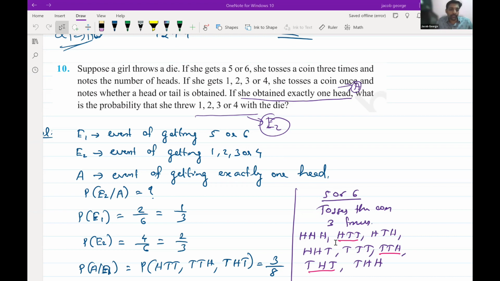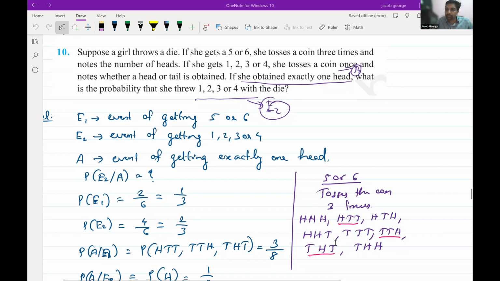So, please take the meaning of A given E1. A means getting exactly one head, given that she threw 5 or 6. With 5 or 6, what happened? It is a connected event. With 5 or 6, she tosses a coin 3 times.